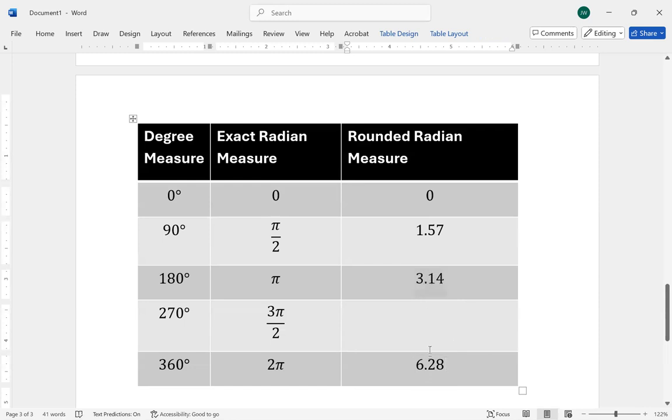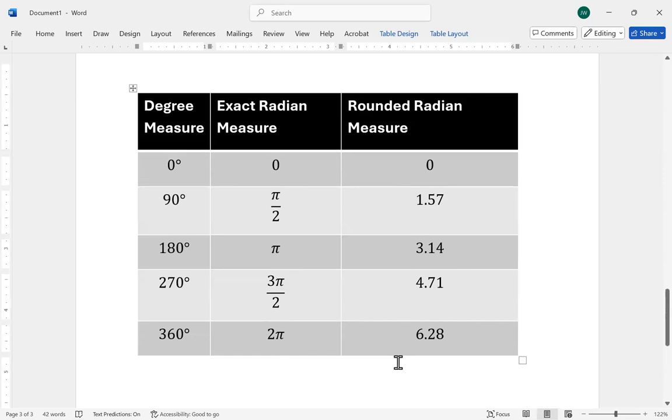And then if I take 1.5 times pi, 3 halves times pi, halfway in between pi and 2 pi, I get about 4.71. So those are the radian measurements of the quadrant angles. Here are the exact radian measurements. Here are the rounded radian measurements of the quadrant angles.